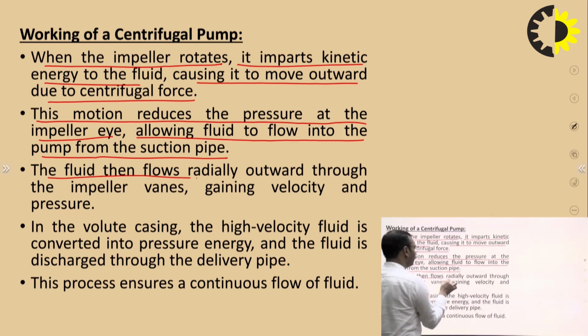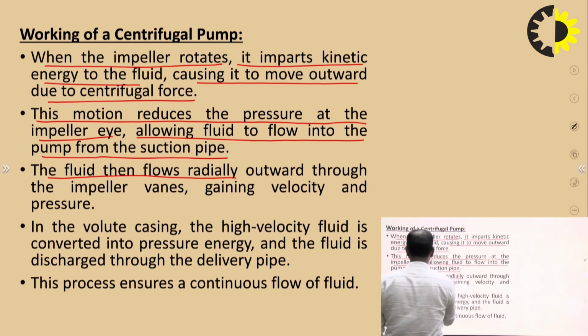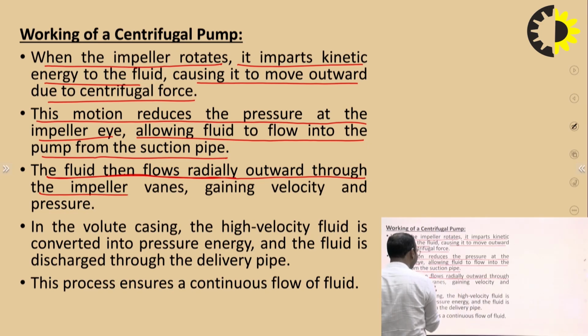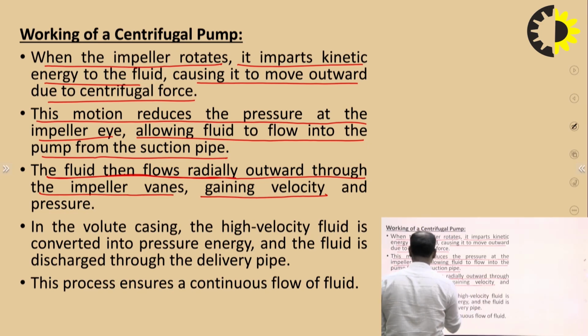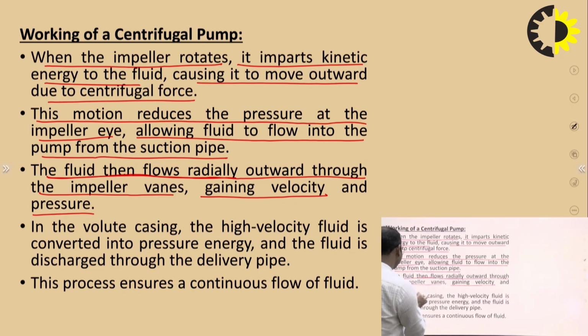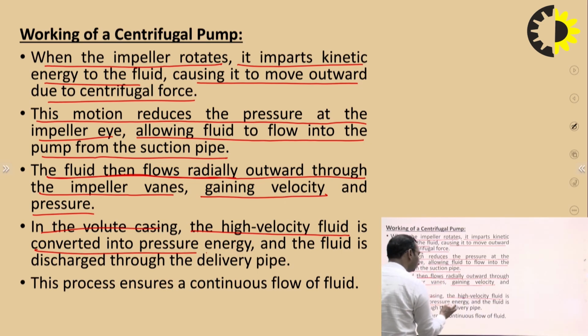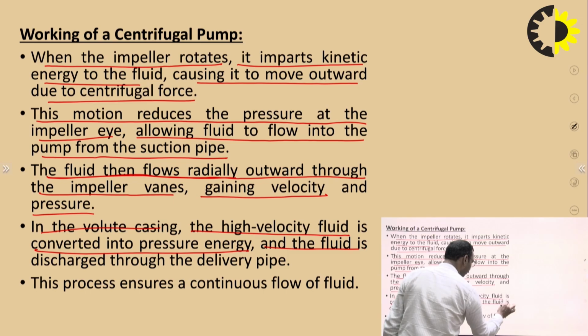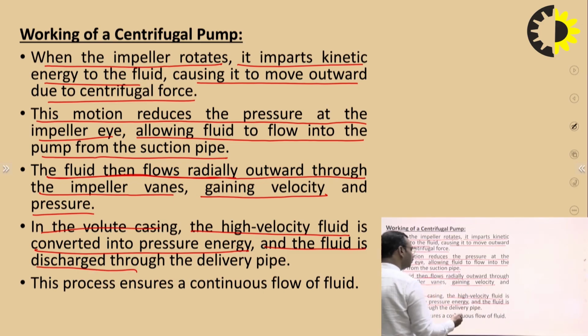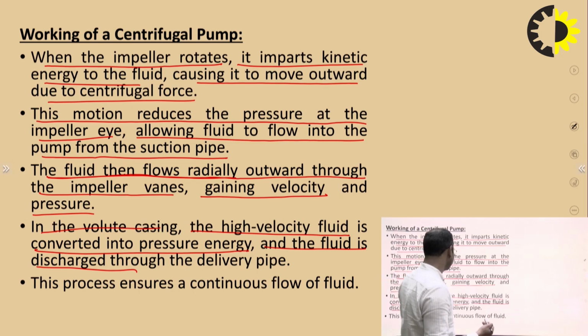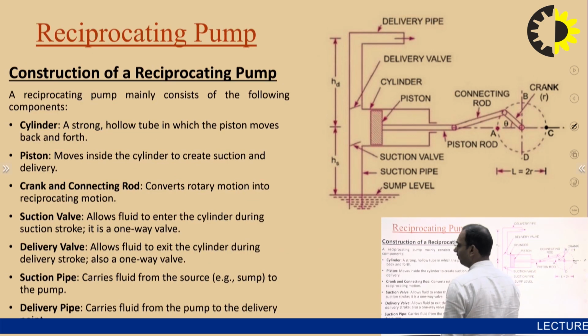The fluid then flows radially outward through the impeller vanes, gaining velocity and pressure. In the volute casing, the high velocity fluid is converted into pressure energy and the fluid is discharged through the delivery pipe, and this process ensures a continuous flow of fluid. So this is the working behind the centrifugal pump.